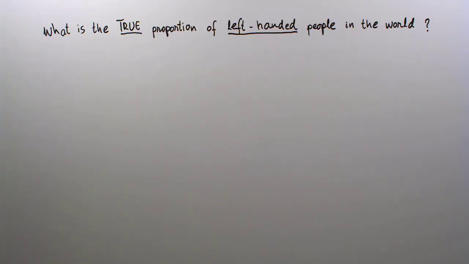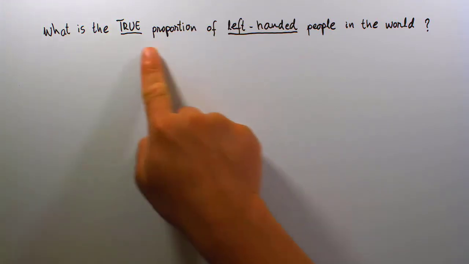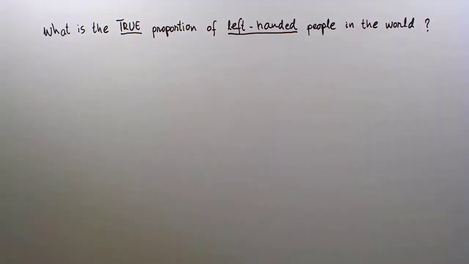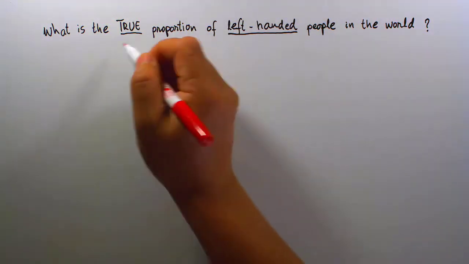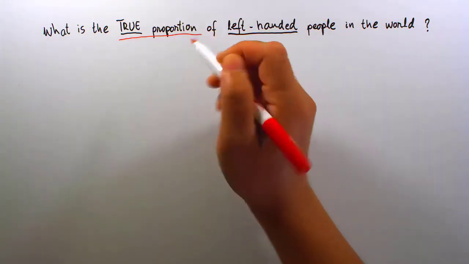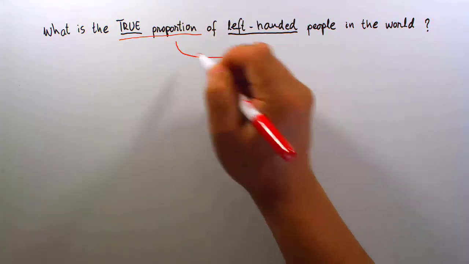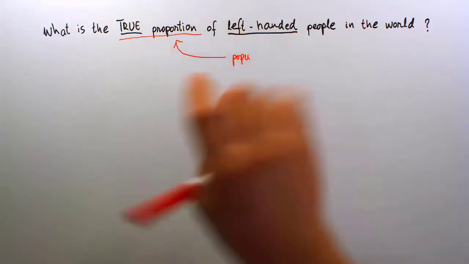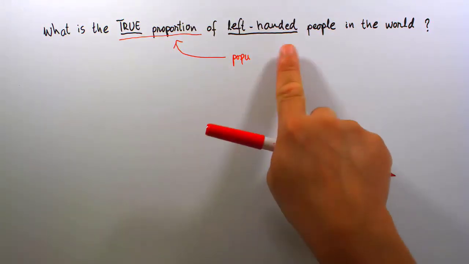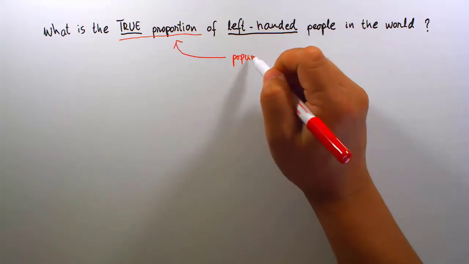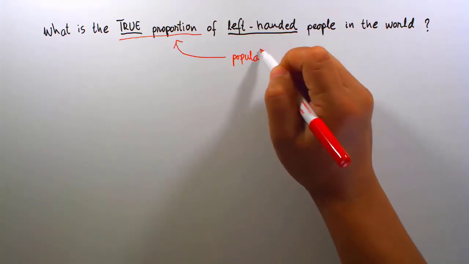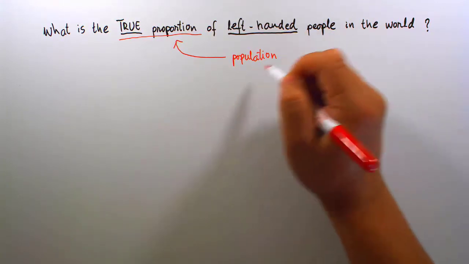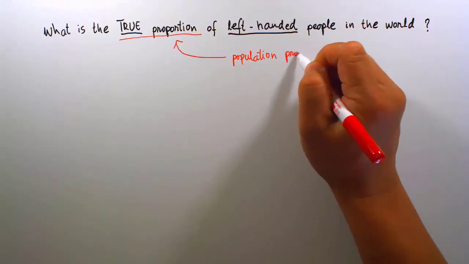So now back to this question. What is the true proportion of left-handed people in the world? The intended answer for this question is apparently not the proportion found here. It refers to the population, because the only way to find a true proportion of left-handed people in the world is to search through the entire population, count the number of left-handed people, and come up with what I now call the population proportion.